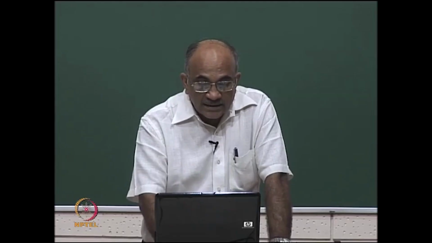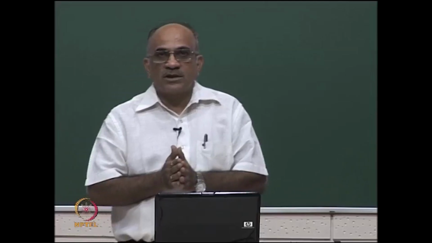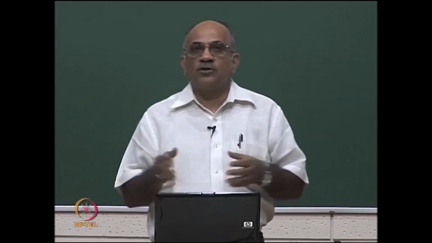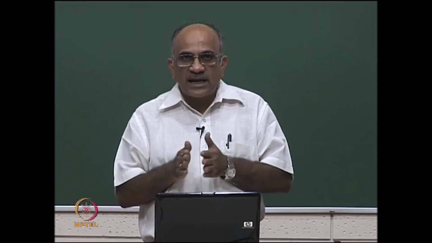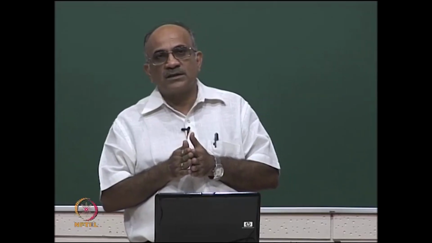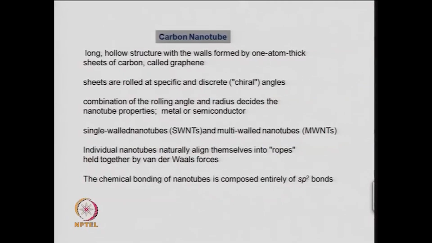So, you can get single wall nanotubes, multi wall nanotubes, chiral nanotubes and several other kinds of nanotubes. Individual nanotubes align themselves and are weakly held by van der Waals forces. So, if you have several nanotubes, you get a bundle of nanotubes, and these nanotubes interact with each other through van der Waals forces and form ropes in one direction.